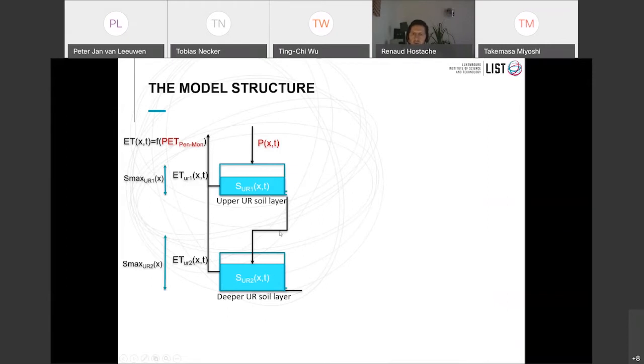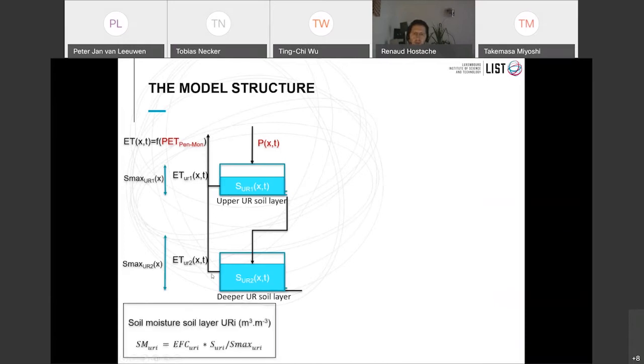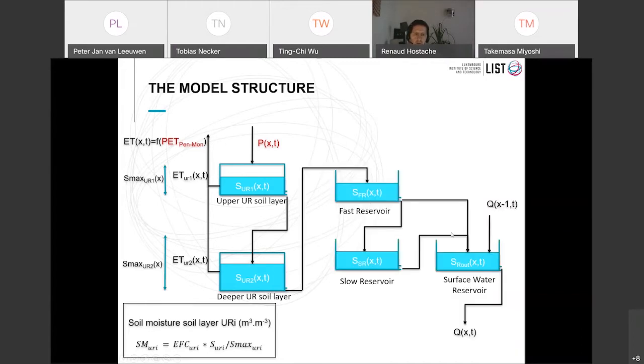For the upper root zone soil layer, you have potential evapotranspiration that is simulated using the Penman-Monteith equation. This provides soil moisture for the topsoil layers. Then there are other reservoirs that simulate runoff below the ground, so groundwater and soil runoffs, and also surface runoff. So there is a surface reservoir that enables predicting surface runoff, but also flood extent. I will come back to this.